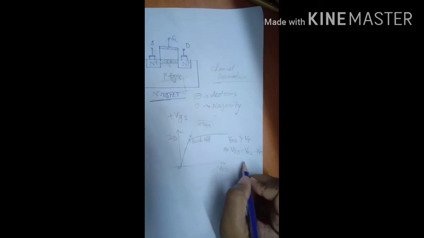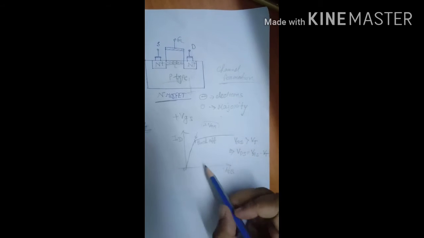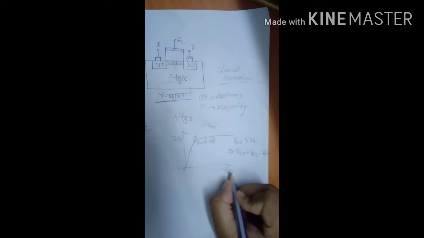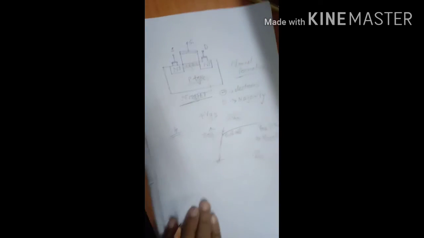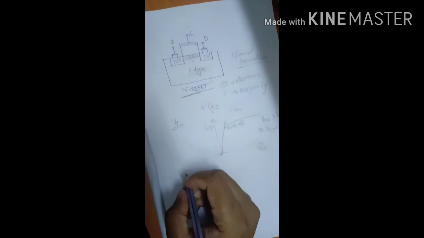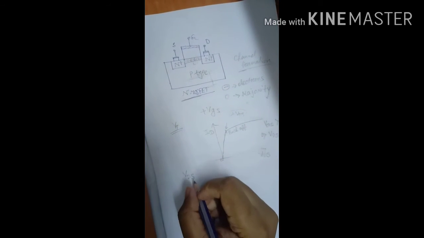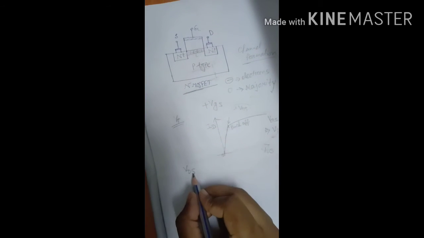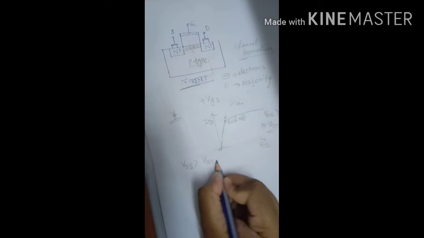So you can see that after a certain period of time, ID gets constant with the increment of VDS. So now what will happen? How can we calculate the effective voltage? After the saturation period, if we increase the amount of VDS, then VDS will be greater than VGS minus VT.